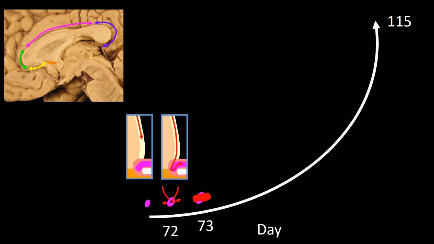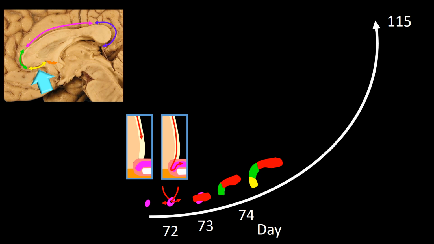By day 73, a significant number of fibers have crossed in the region of the anterior body, indicated by the aqua arrow in the corpus callosum figure. By 74 days, the crossing fibers from the superior part of the genu, indicated here by the magenta arrow, appear.